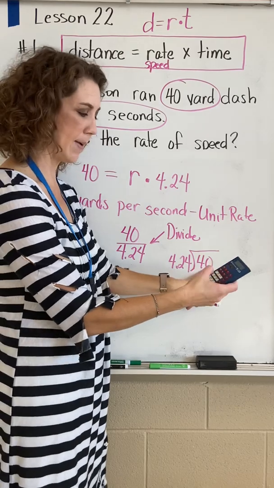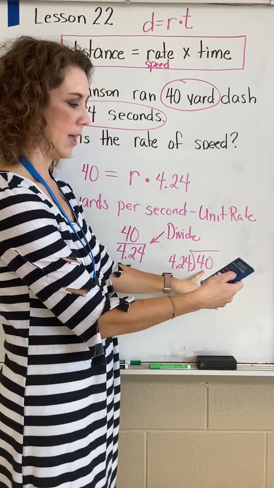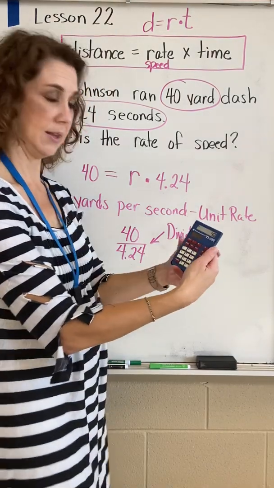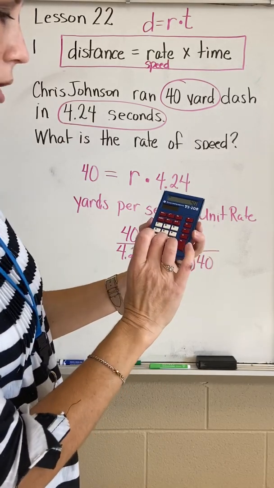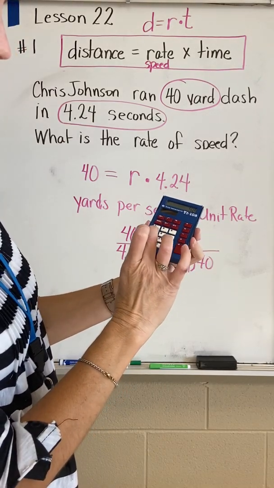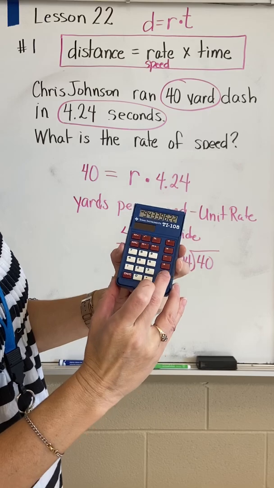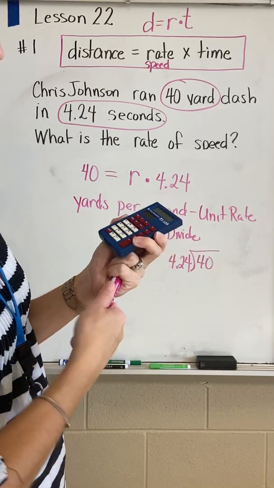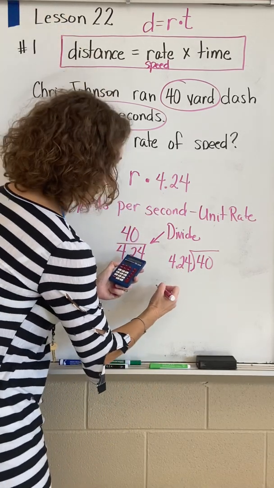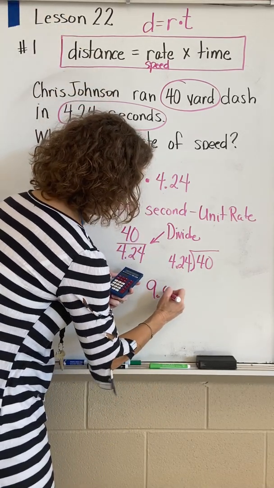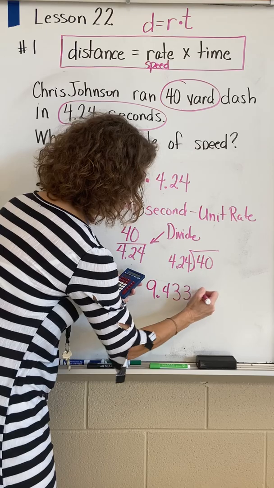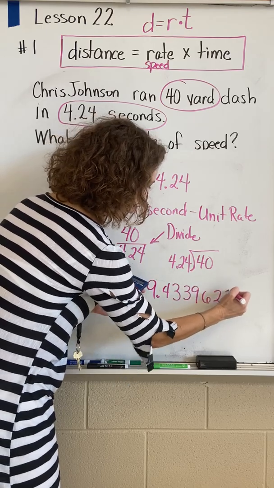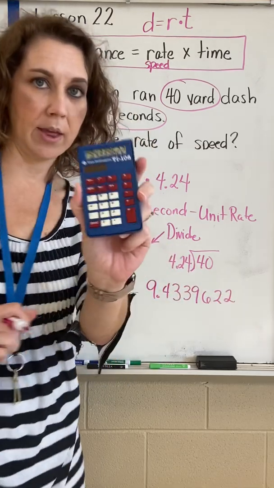So I'm going to put 40 in my calculator first, 40 divided by 4.24. And that gives me a big old long decimal number. That would equal 9.4339622, and it keeps going in my calculator.